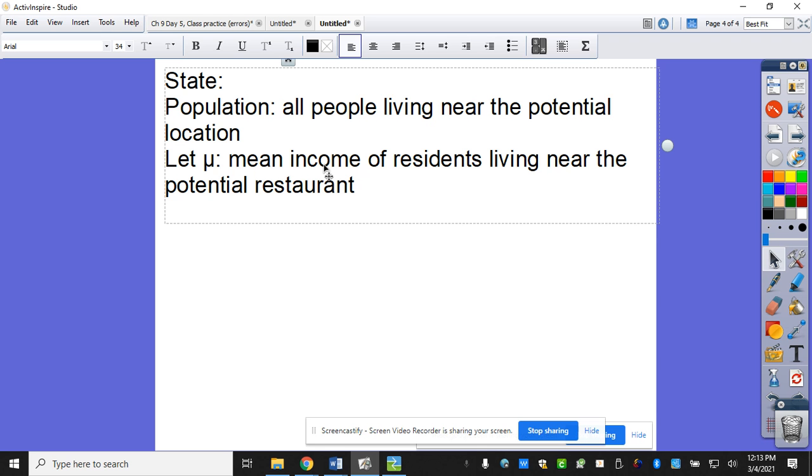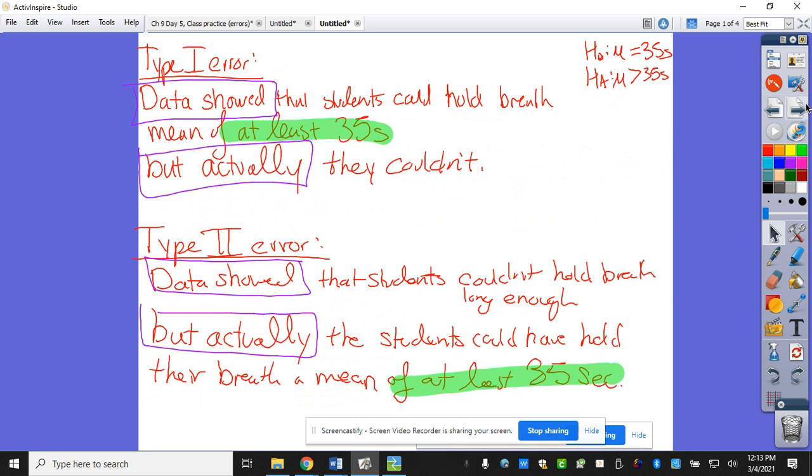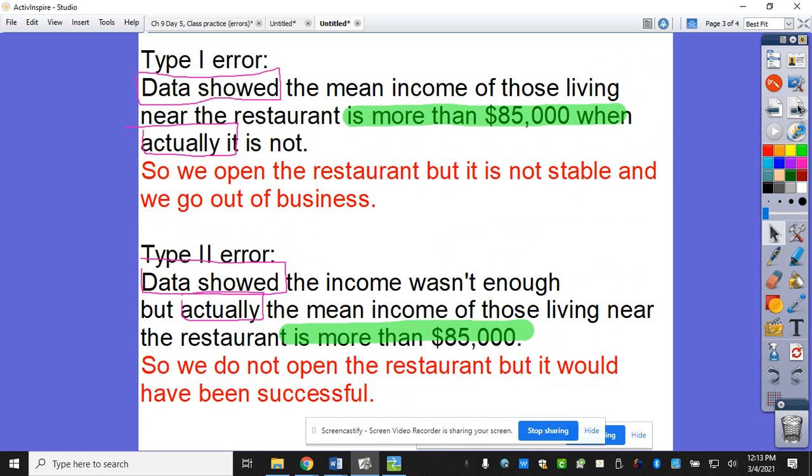What comes next? We've already done this. So null is mu is $85,000. I'm not gonna rewrite those. I wrote those somewhere. I think I deleted it.